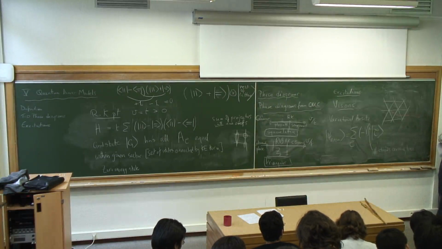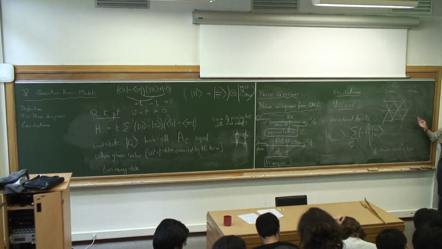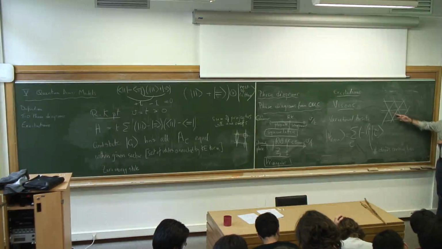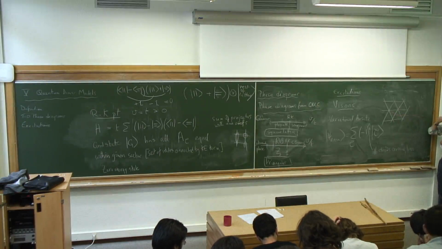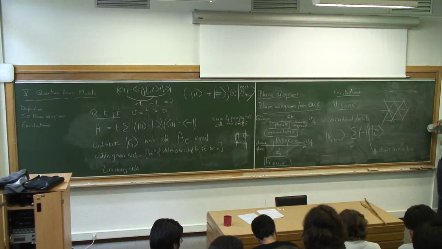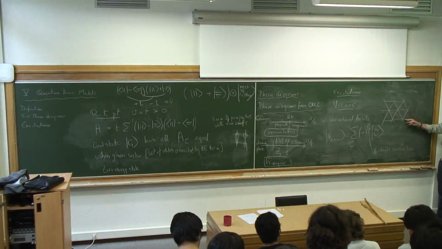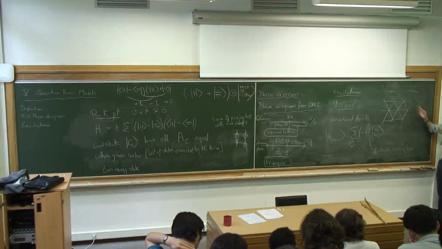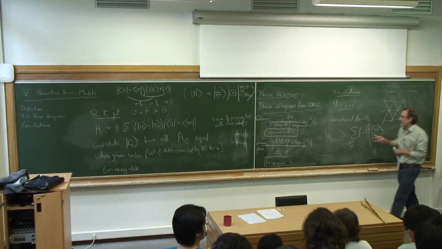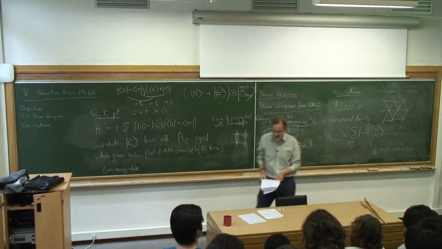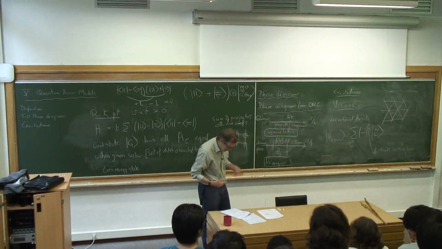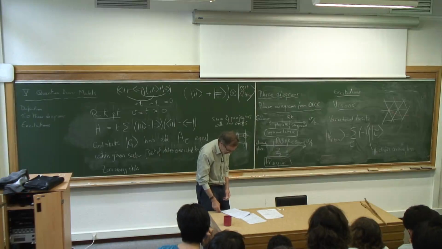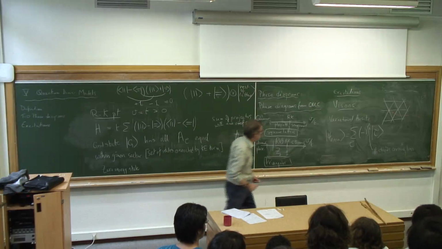So one thing to worry about, of course, is whether the particular path that you choose for this line matters, and I'll leave it as an exercise for you to show that if you take some other path, then you get a wave function which is the same up to an overall possible minus sign, which depends on the relationship between the two paths.